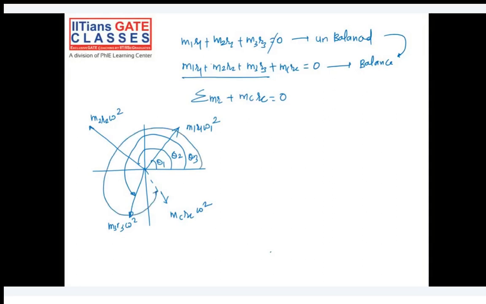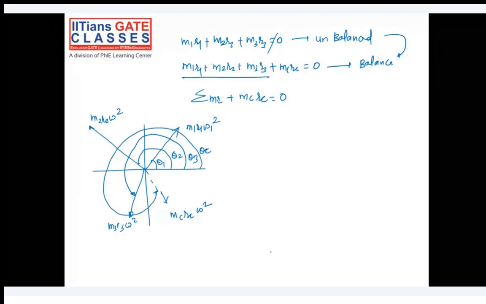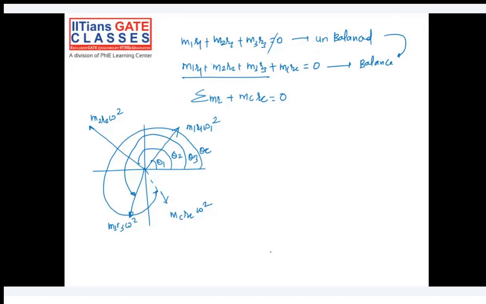So can I write, if I take the horizontal component of each force, can I equate it to the horizontal component of the balancing force, or the horizontal component of this centrifugal force generated because of this counter mass? Yes, right.